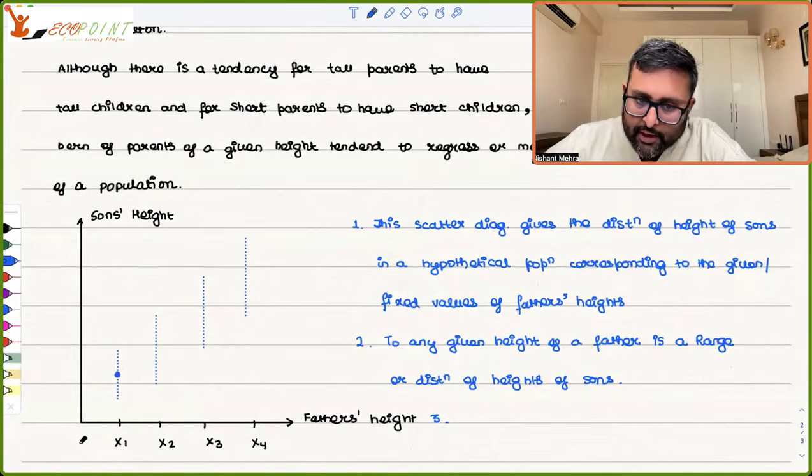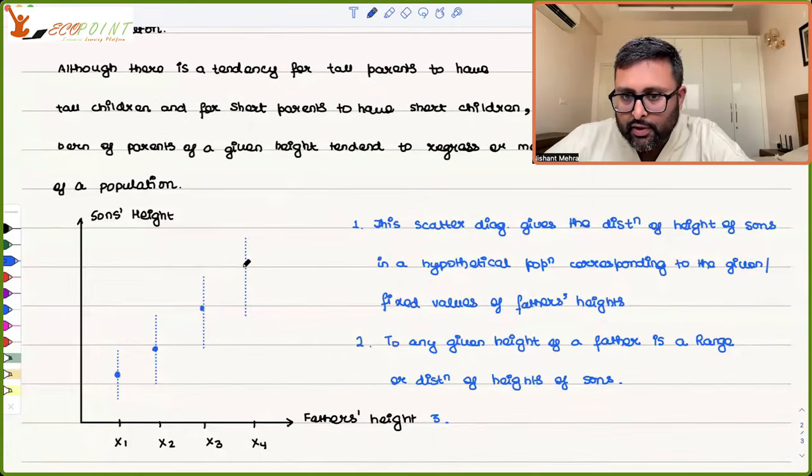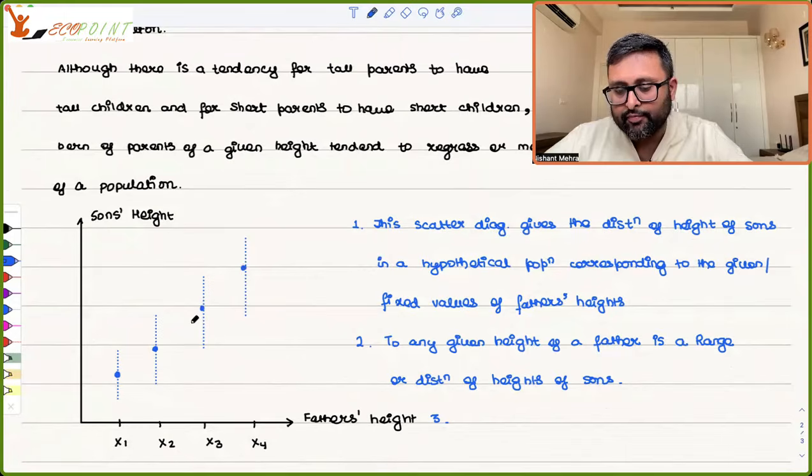This is the average value of this distribution. For 5.5 height of the father, there are different heights of sons, and the average value for this range is this. For this range is this, let's say. Right?